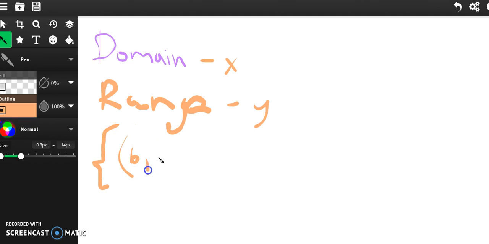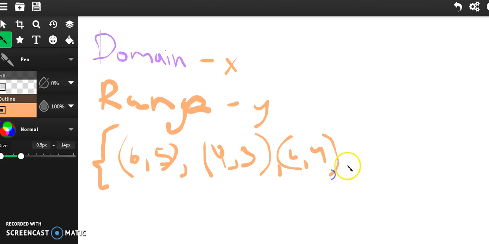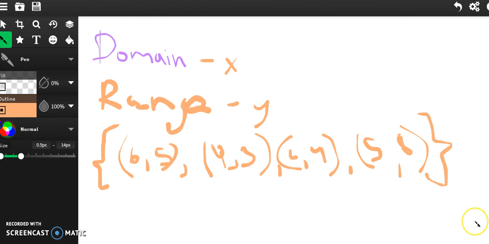(6, 5), (4, 3), (6, 4), and (5, 8). This is an example of a relation, just a set of ordered pairs.